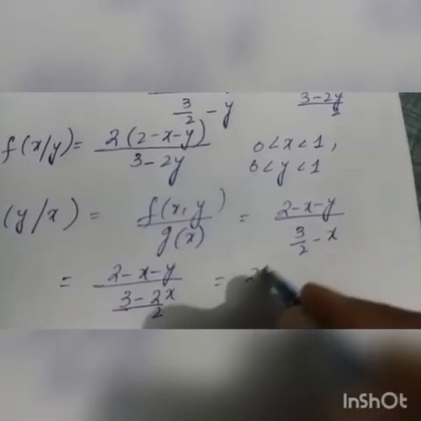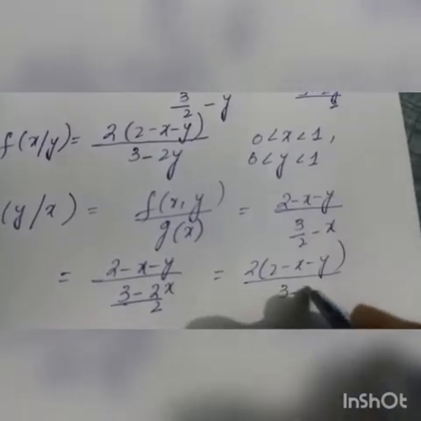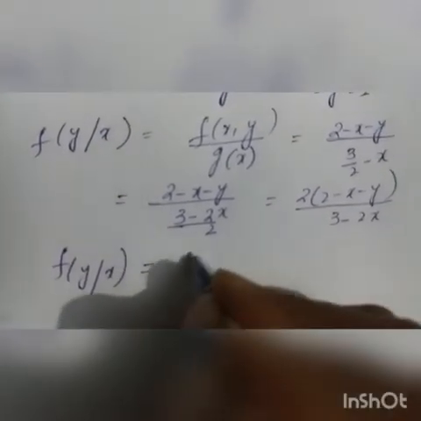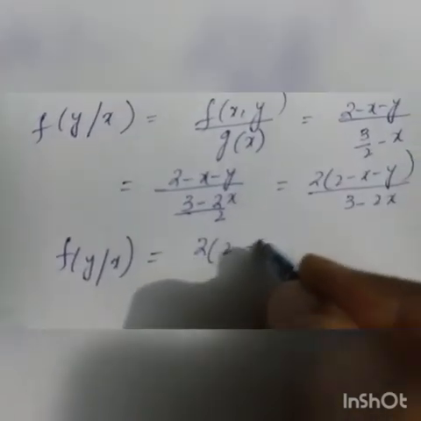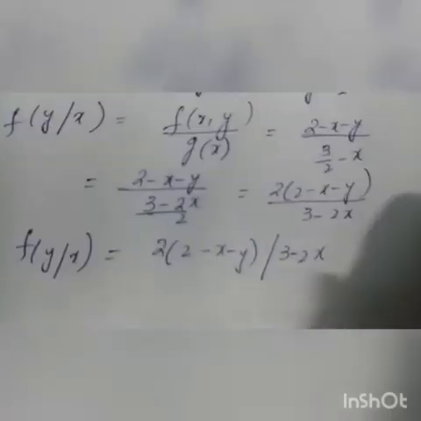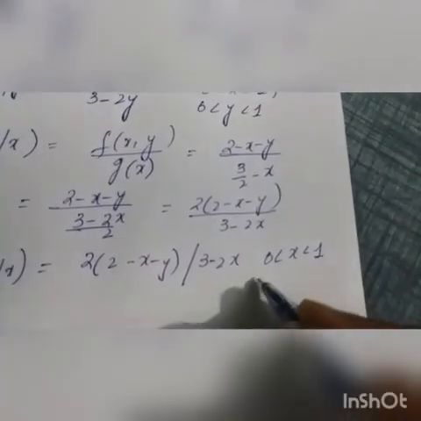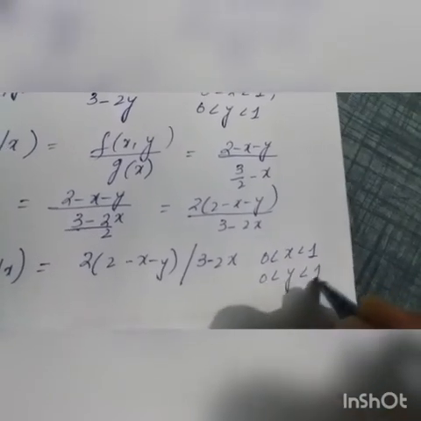So we get 2 into 2 minus x minus y divided by 3 minus 2x. Or we can say that f(y given x) equals 2 into 2 minus x minus y, whole divided by 3 minus 2x, from the limit of x, 0 is less than x less than 1 and 0 is less than y less than 1.